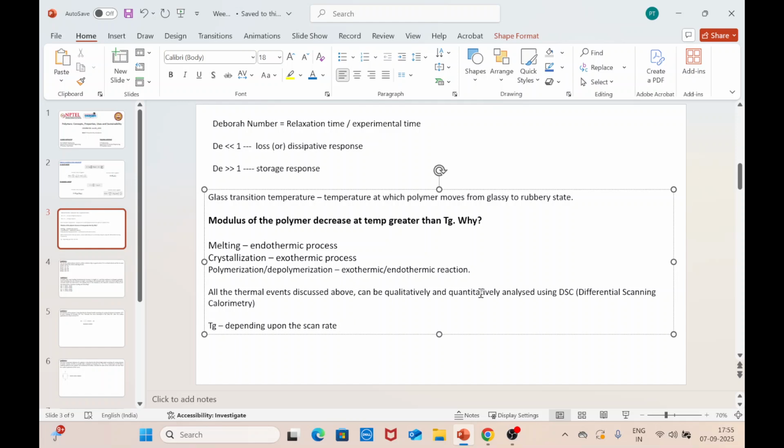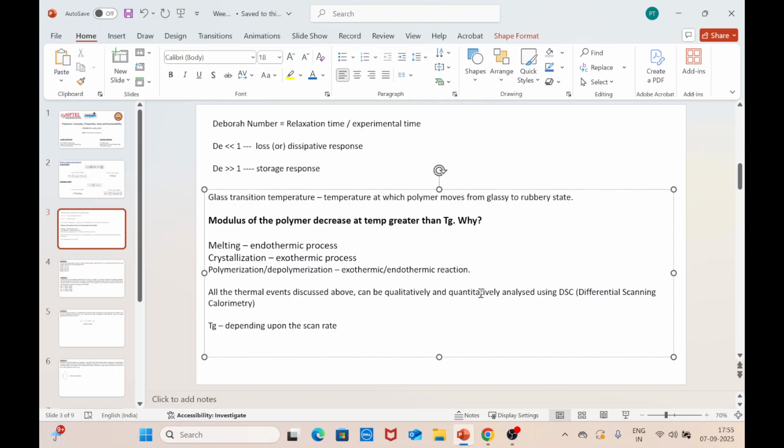Another kind of characterization technique that is commonly used is called TGA, which is thermogravimetric analysis. The DSC technique typically helps us understand what kind of physical changes can happen in the material as we scan, as we increase the temperature.